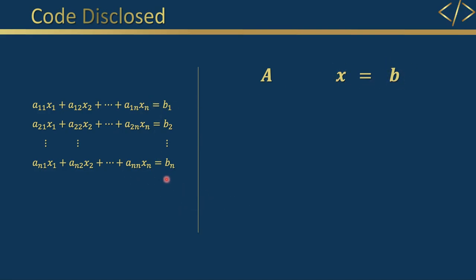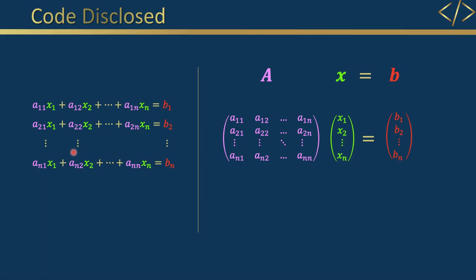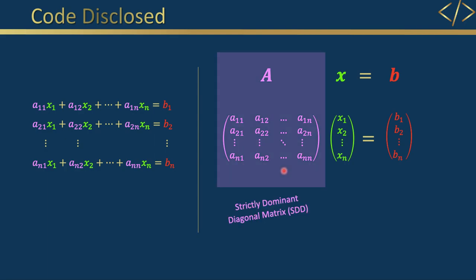If I want to apply this structure to this system of equations, the A here is the coefficients matrix, so it's A11, A12 for each equation. The x, however, is the unknowns vector, and the b here is the right-hand side. Now, when I say strictly dominant, I always look at the A matrix, the coefficient matrix.